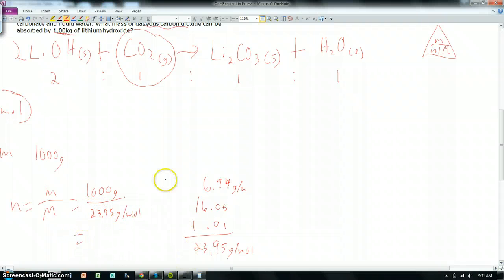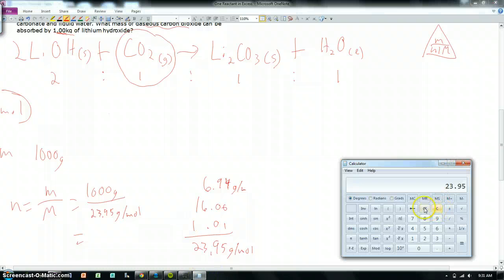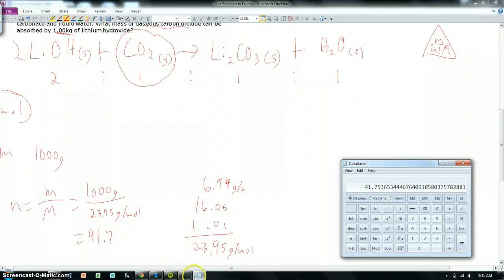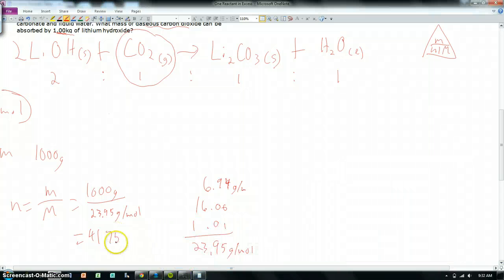So now we can just calculate that. We get 41.7. Let's keep as many decimal places as we can. I'm going to keep 3 decimal places. So this is how many moles I have. So I'm going to put this up here.